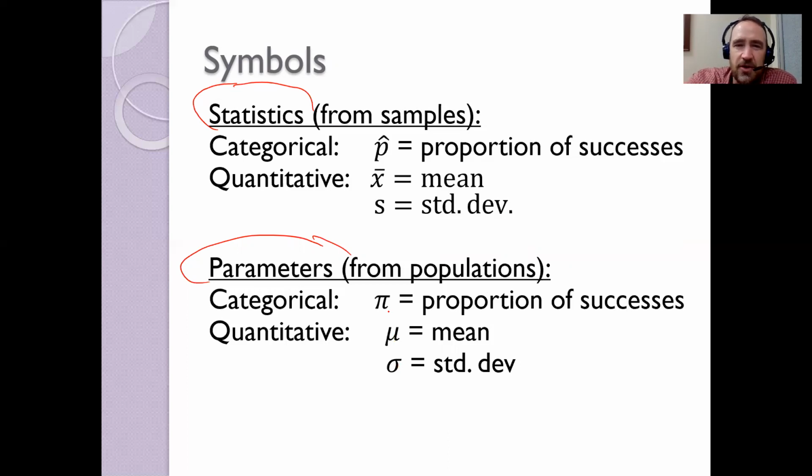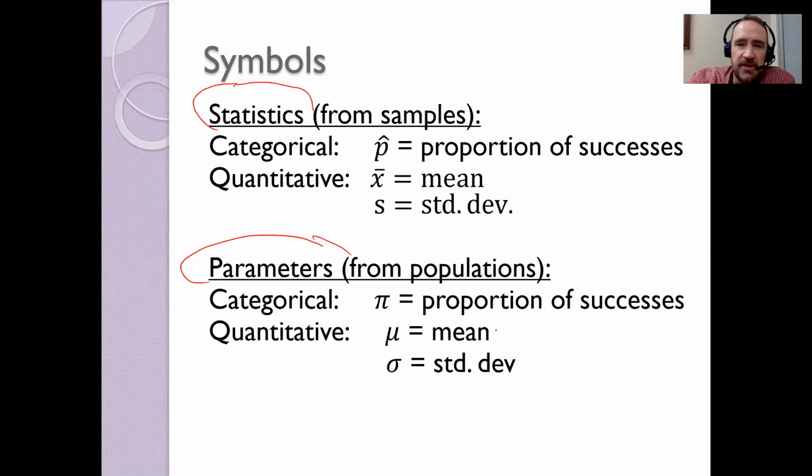We've seen these categorical ones before. p-hat, that's the proportion of successes in our sample, versus for the parameter, pi is the proportion of successes for the whole population. Similarly, we have parallel kinds of ideas for when we're talking about quantitative variables. x-bar is the mean for a sample.